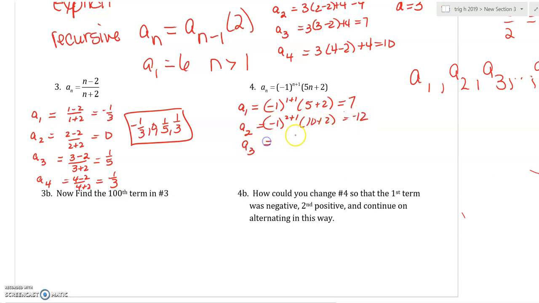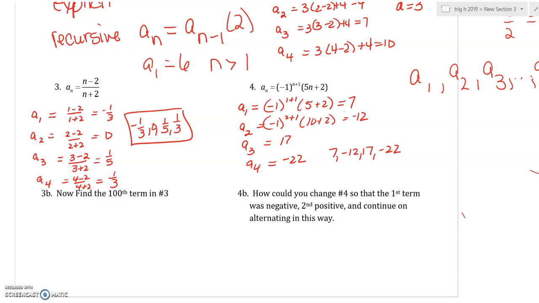Let's continue on, and we find the third term and the fourth term. When you look at the sequence of numbers, notice that the negatives are alternating. So this one couldn't be arithmetic because you're not adding or subtracting the same number. But notice this one does have an alternating negative sign. Very interesting.